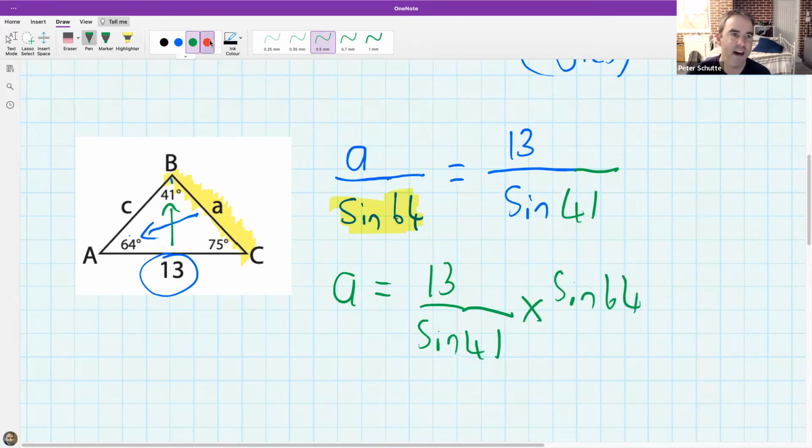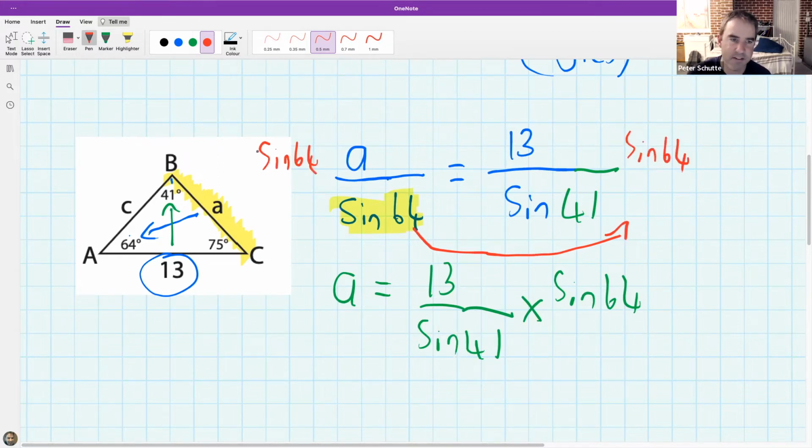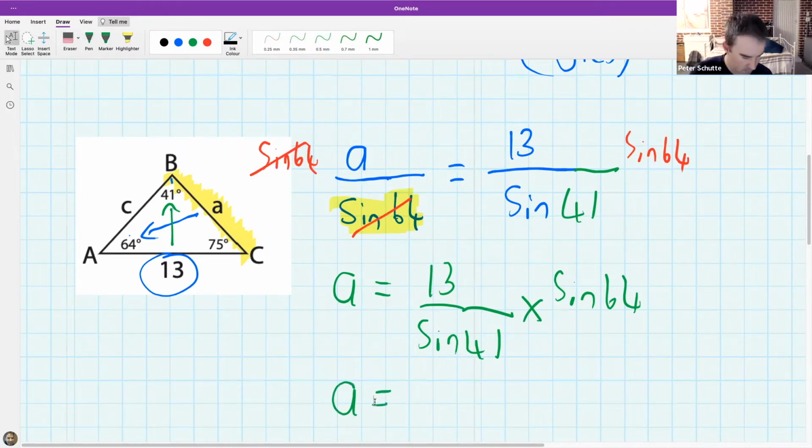Basically all that's happened is that this has been moved to that side, or we would say I've multiplied both sides by the sine of 64, and this is cancelled. Okay, so what's my final answer then? Well, my final answer is just going to be 13 divided by the sine of 41, times by the sine of 64, and we should get 17.8.